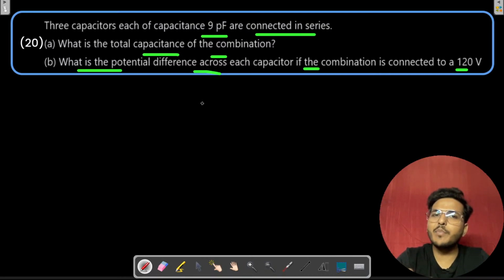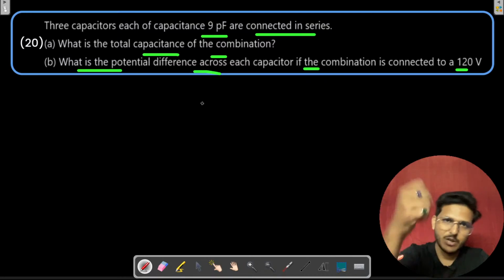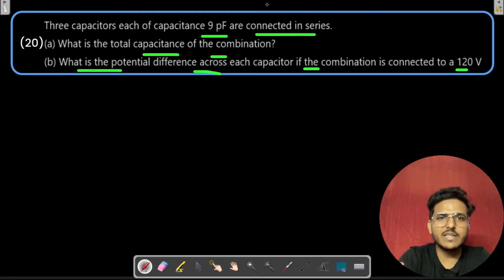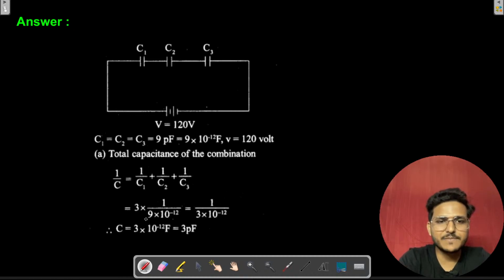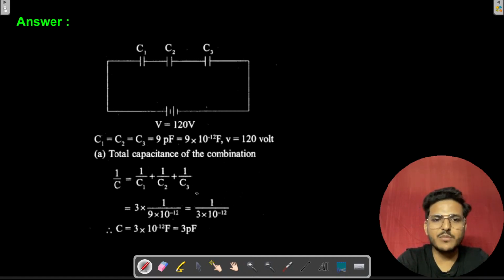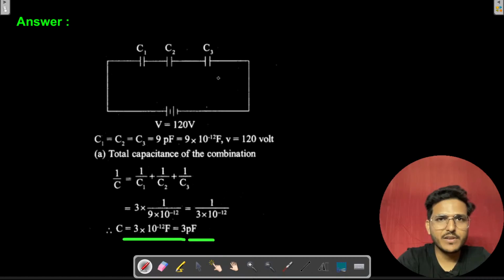That is 1 upon 9 plus 1 upon 9 plus 1 upon 9, that is 3 upon 9 picofarad, into 10 to the power minus 12. The 3 cancels out, so C is 3 picofarad.